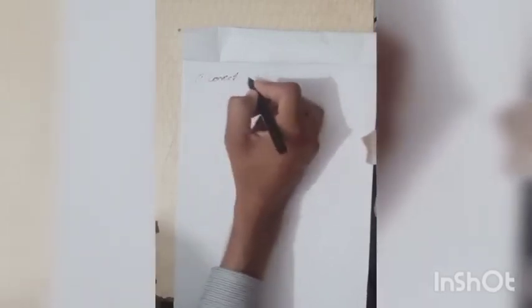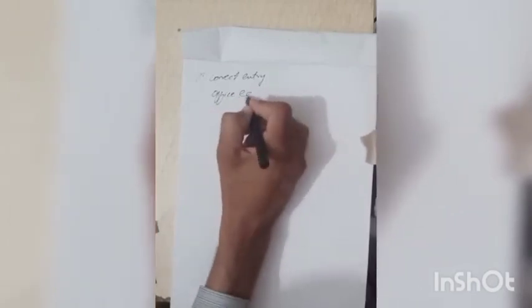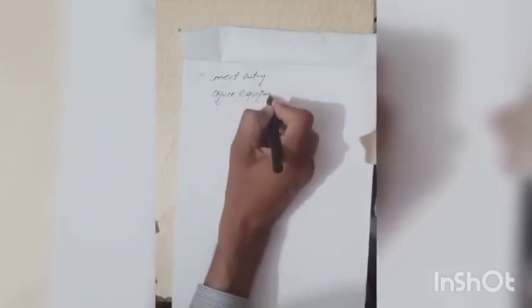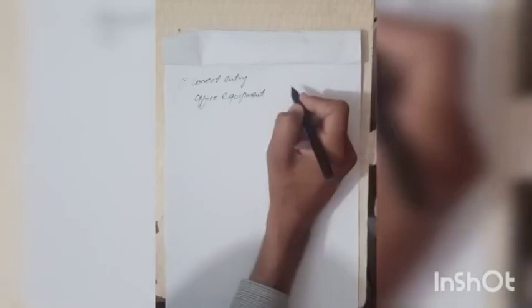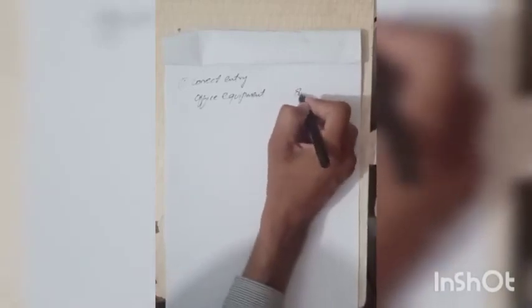I will list down here. So what do you think? What should be the correct entry? So the correct entry is office equipment debit, amount should be 8,000, and cash account credit with the same amount.